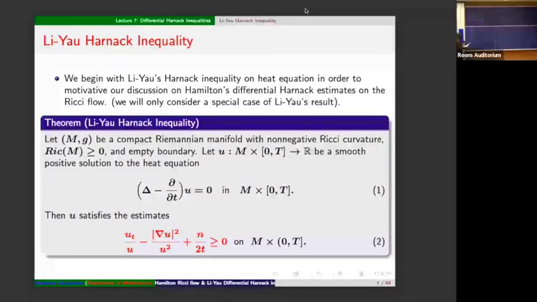I want us to note that. Let us also note the Harnack quantity of that lemma is this.